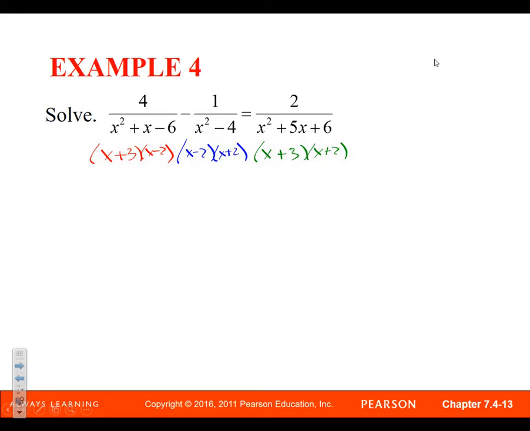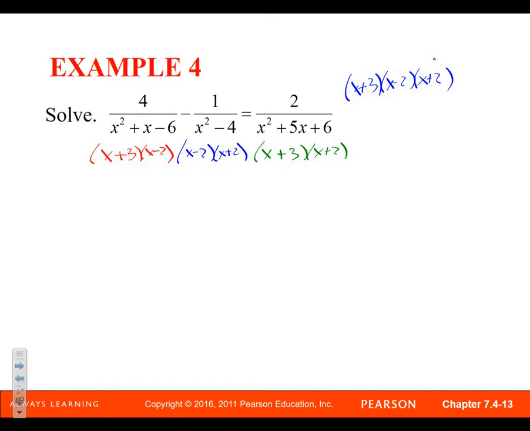Yeah, the denominator would be x plus 3, x minus 2, and x plus 2. Multiply every single one by that. What you can do, just leave it on. You're making it sound like it's a terrible thing. You found the denominator, which wasn't that tough, right?